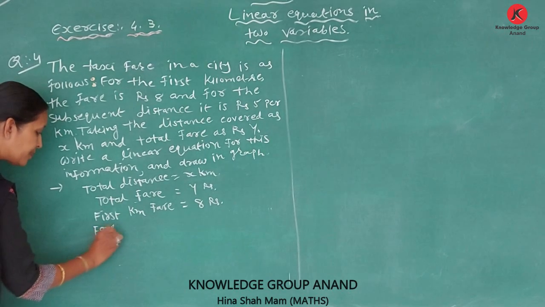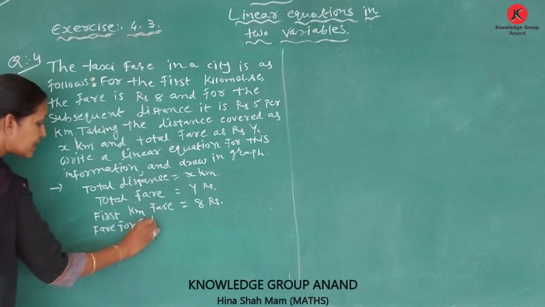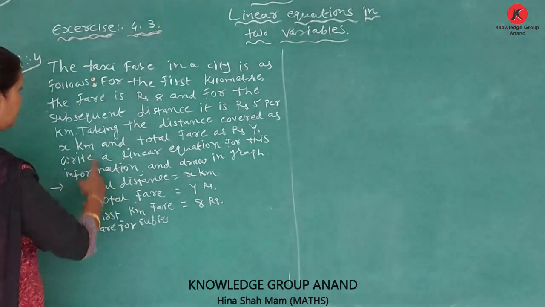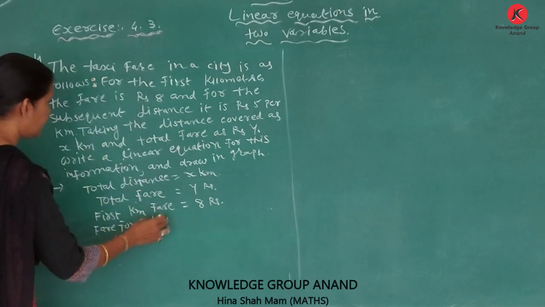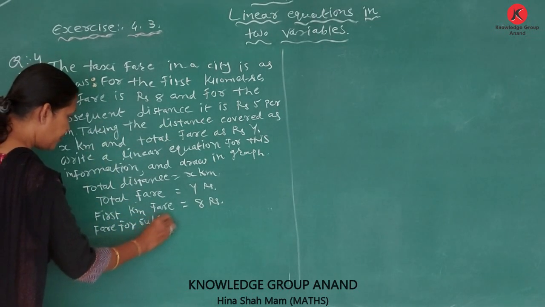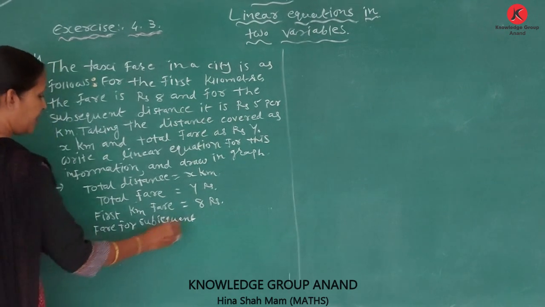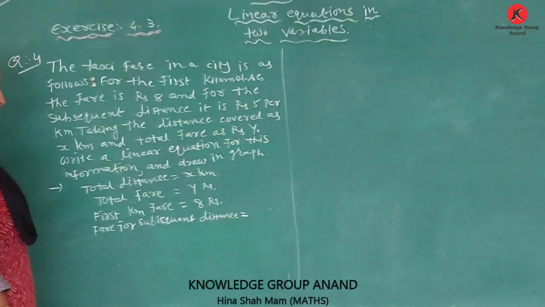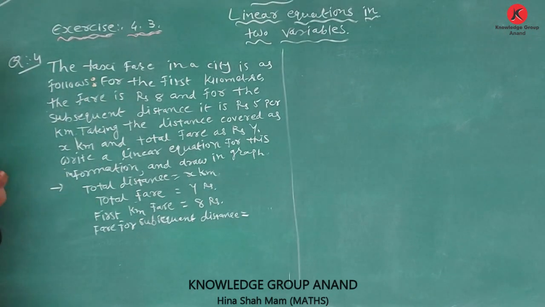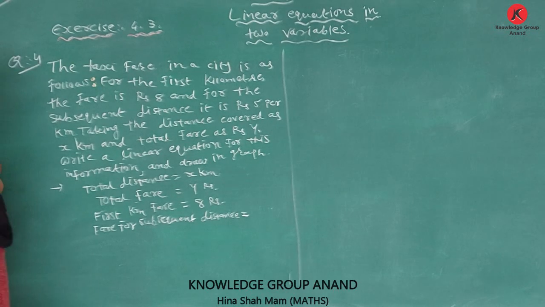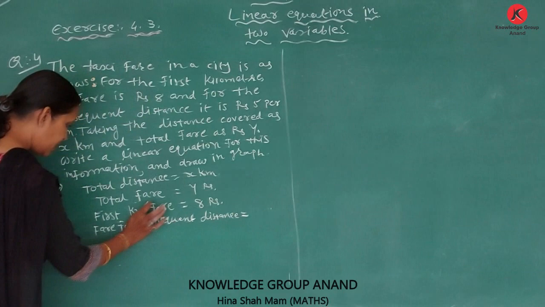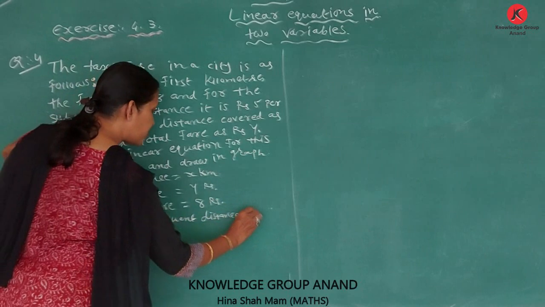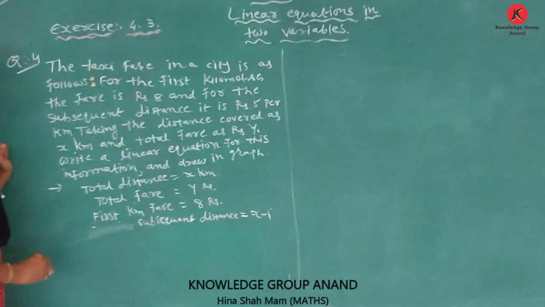The subsequent distance: first kilometer is 1, therefore subsequent distance is equal to x minus 1.